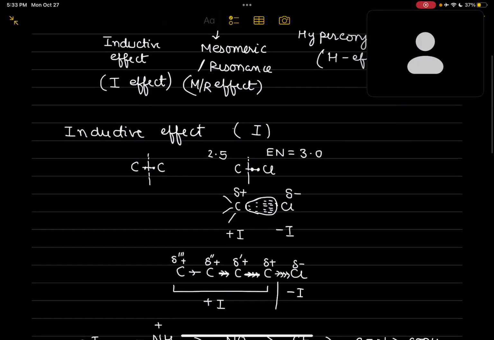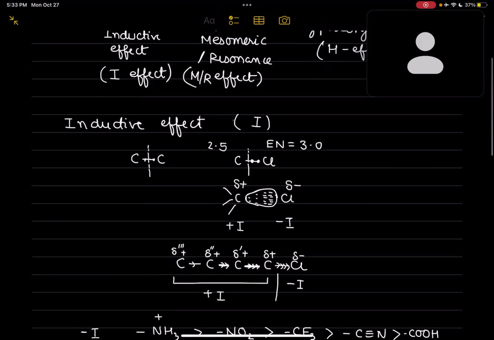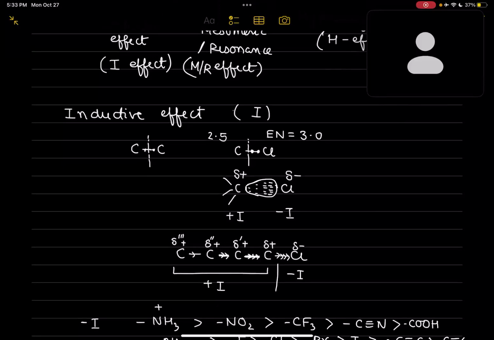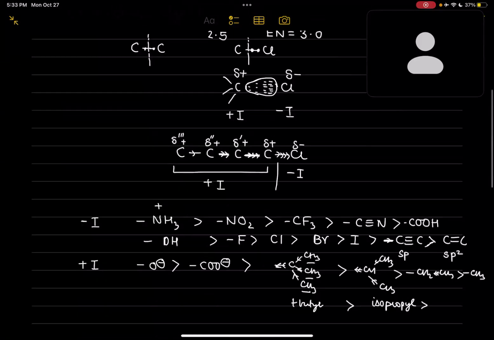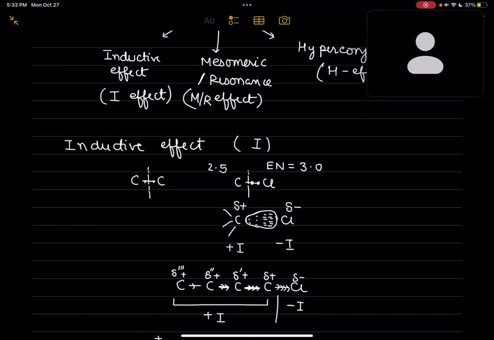It arises because of difference in electronegativity. Got it? Clear or not? It arises because of the difference in electronegativity between the two atoms.